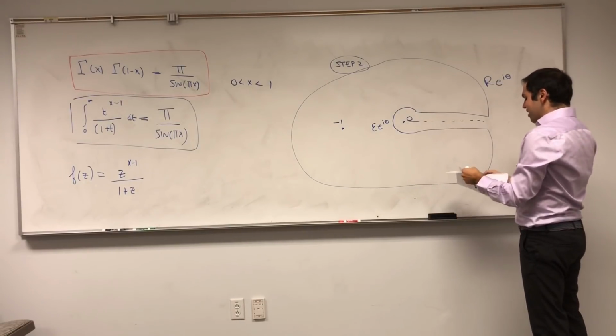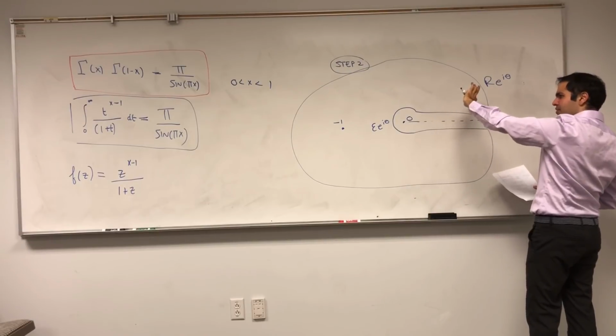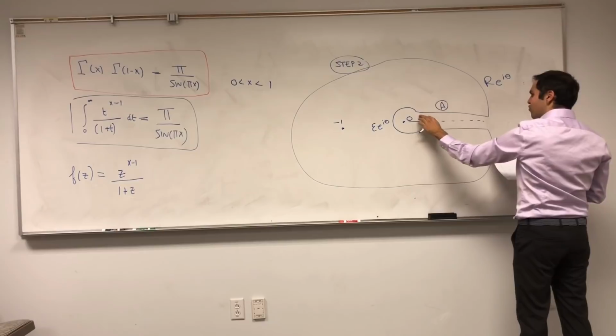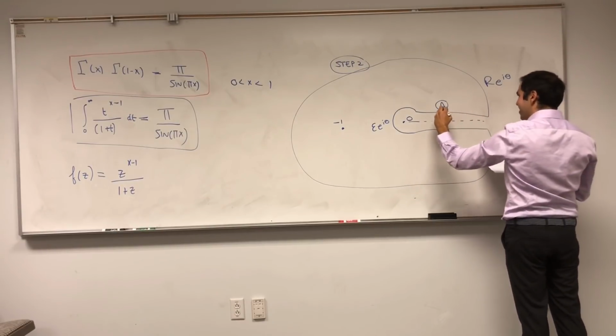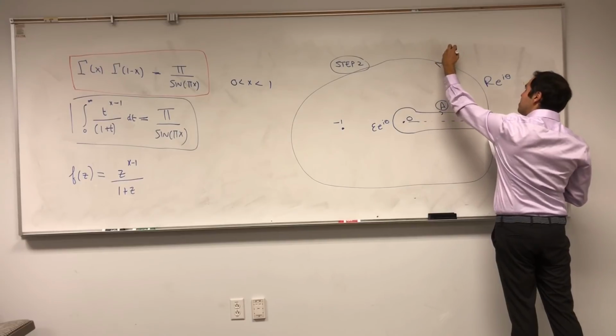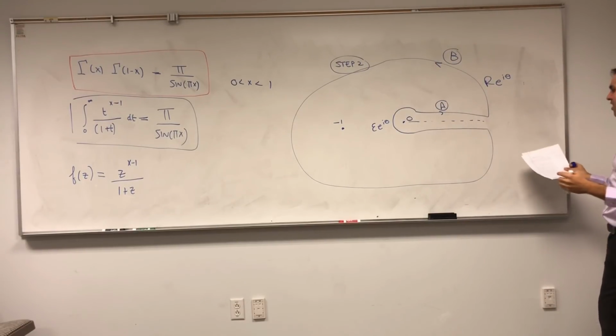Of course, notice there are four features to our path or contour. There's first this path A, which will give us a real integral. There's a path B, which we hope goes to 0 as r goes very large.